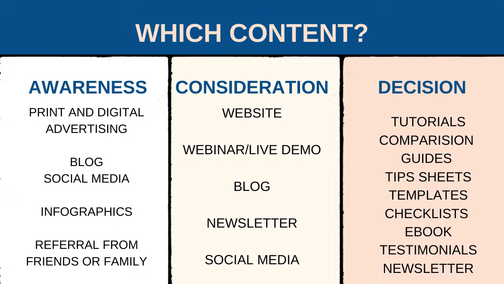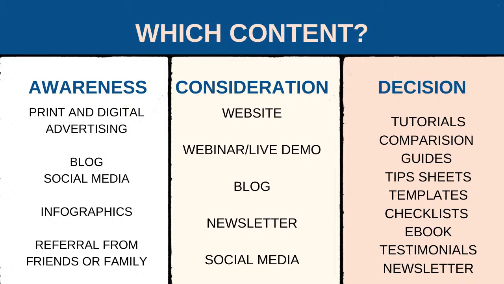That's an awareness stage. Think about every time you watch television and a new commercial comes up. You are now becoming aware of what that product is and what it can do. Now, you may not go out and buy it right away, but you just become aware that it exists. And that's pretty much what they're trying to do at first.